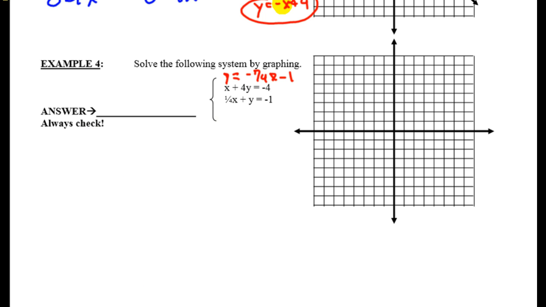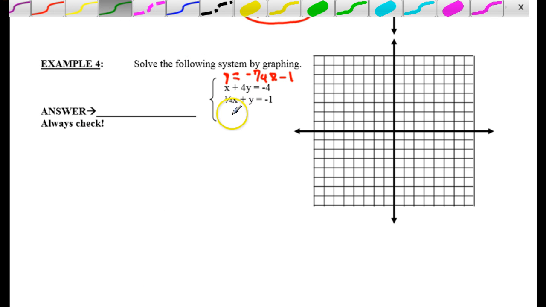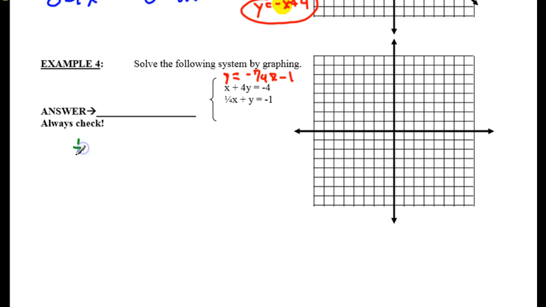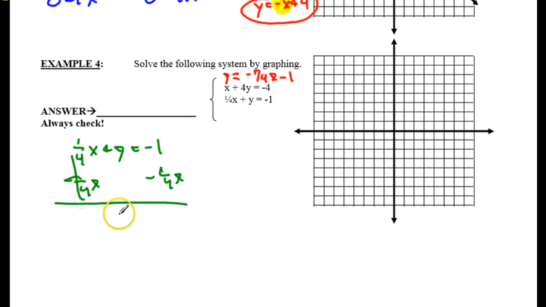Now we're going to need to turn this second equation into slope-intercept. So here the equation is 1/4 x plus y equals negative 1. To get rid of 1/4 x, we're going to do minus 1/4 x. Now y is by itself.